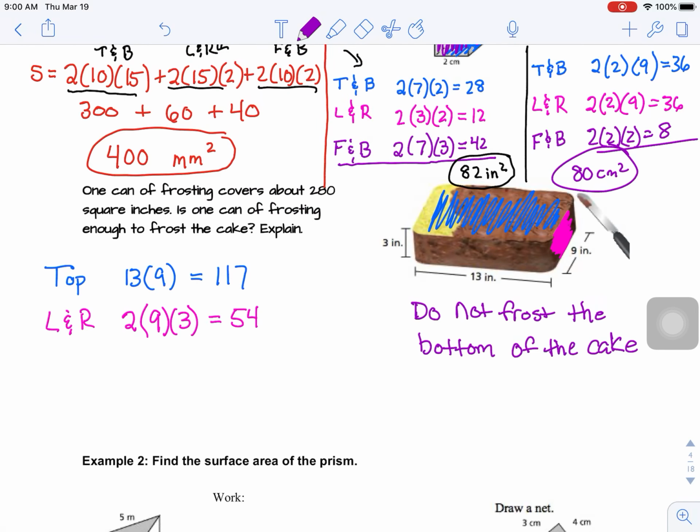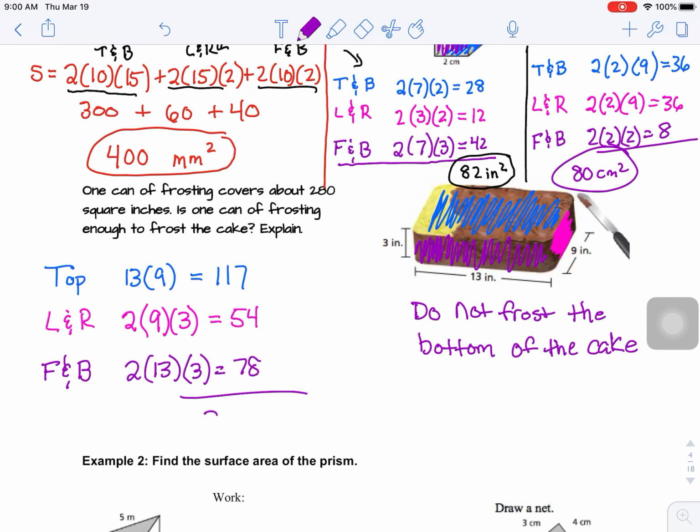And then if we look at the front and back, there are 2, and this is 13 by 3, which would give us a total of 78.